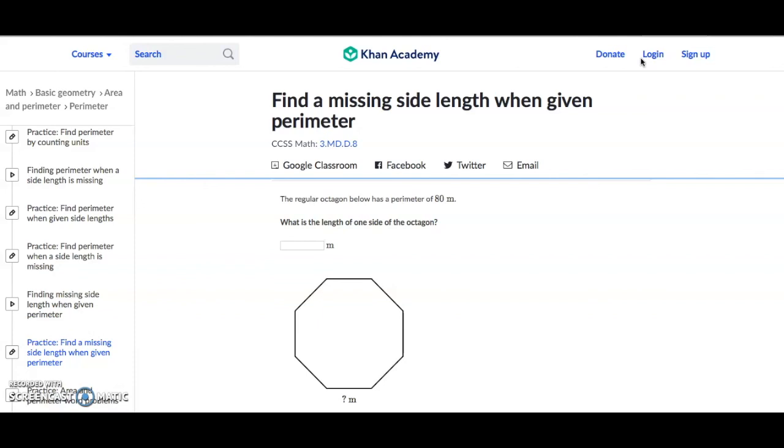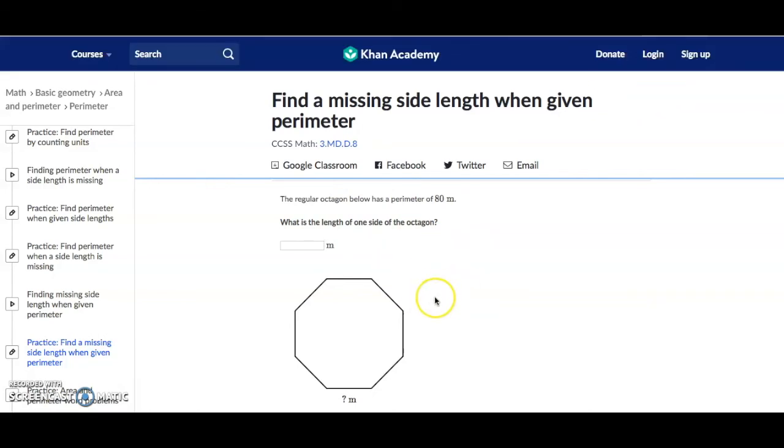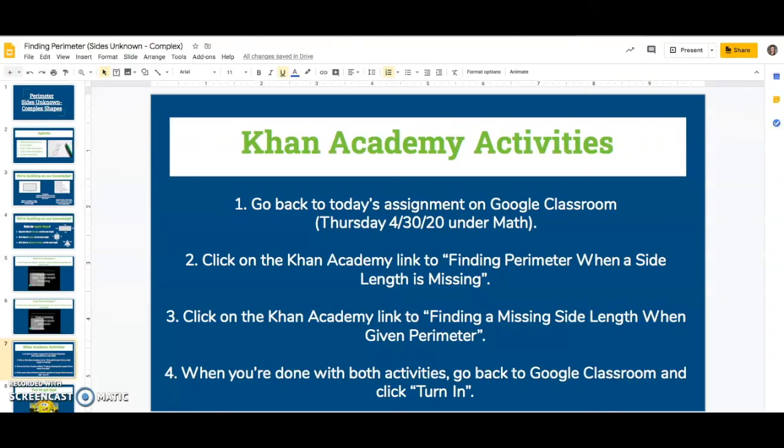Boston College friends, I've attached your login information again to your assignment on Google Classroom, just in case you need to access it. But again, please reach out to your teacher if you don't have your Khan Academy login information, okay? Super important that you remember to log in before you do any of the activities here, because if you don't log in, your teacher's not going to know that you did the assignment, okay? So very, very important.